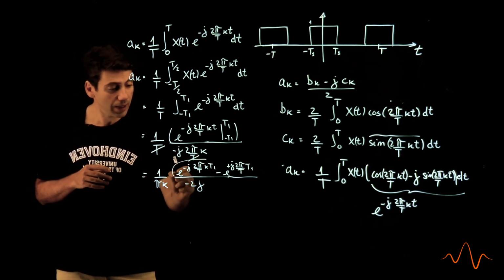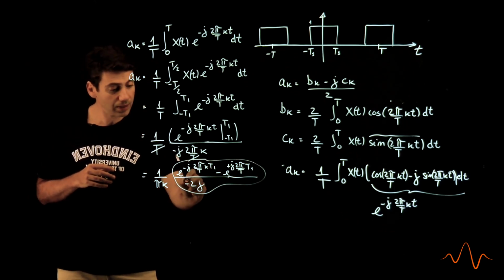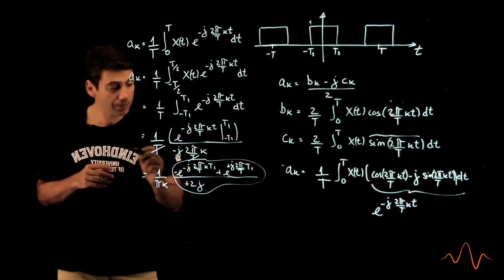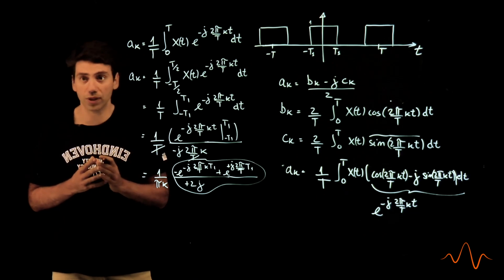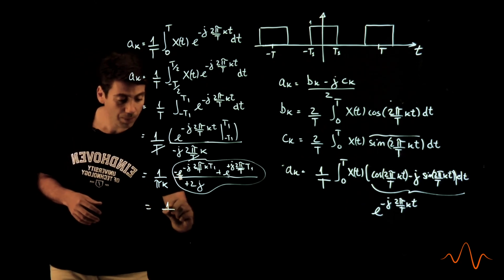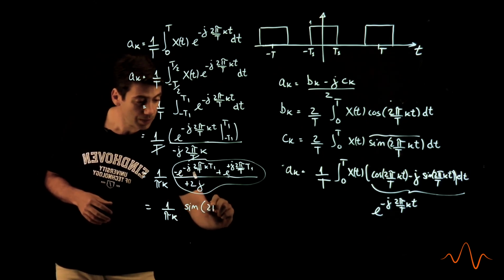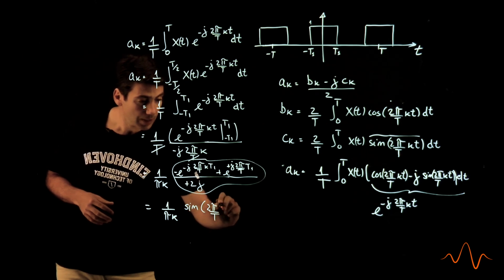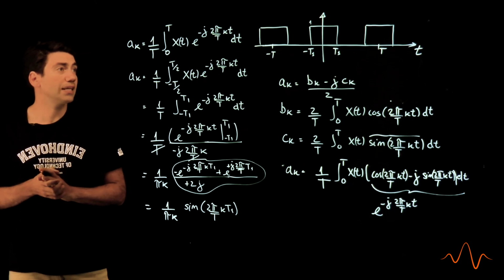Now, if we look at this term, I can replace this by a plus here, and minus here. We have e to the power of j something minus e to the power of minus j something over 2j. And that is equal to sine of that something. So we end up with 1 over pi k sine of this argument here, 2 pi over capital T k t1. This is assuming that k is different from 0.